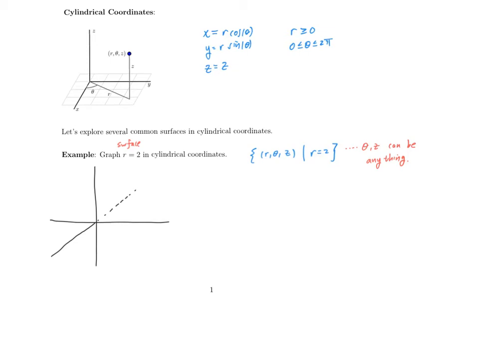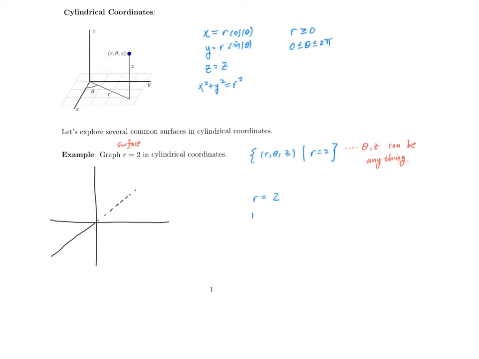From the quantitative perspective, if we start off with r equals 2, the equation in cylindrical coordinates, how can we convert this into Cartesian? One way is to use a detail I failed to include above: we still have the relationship that x squared plus y squared is r squared.